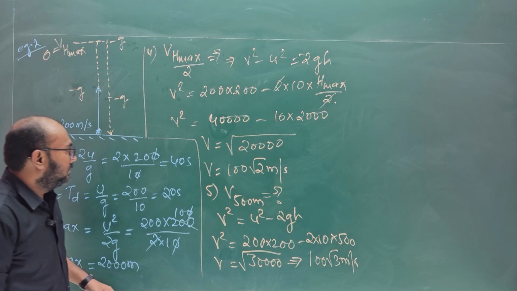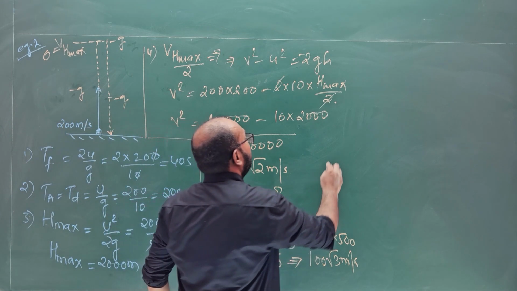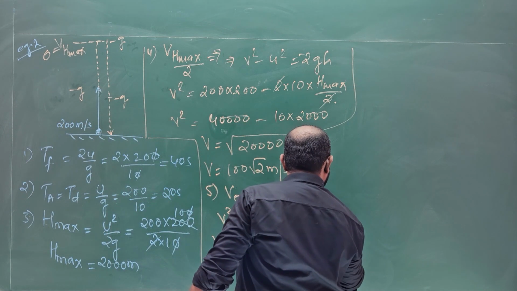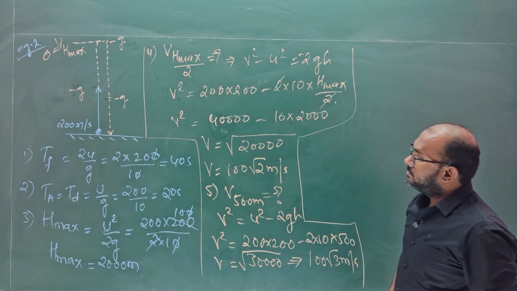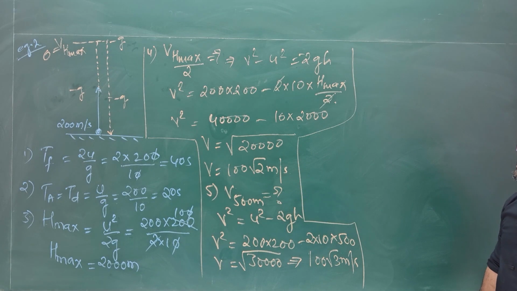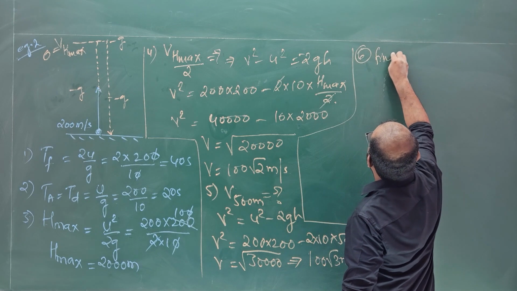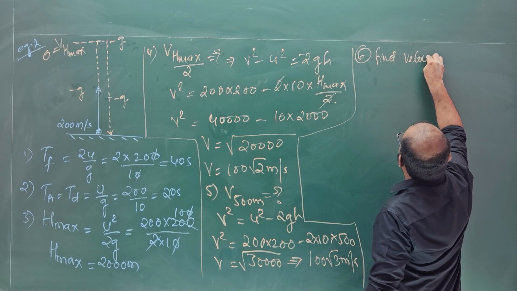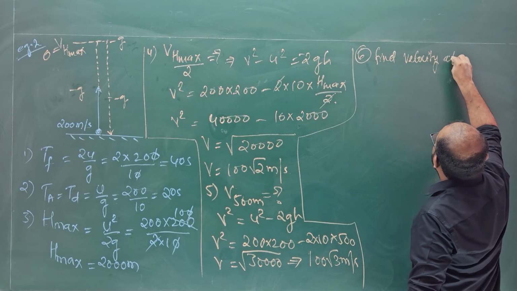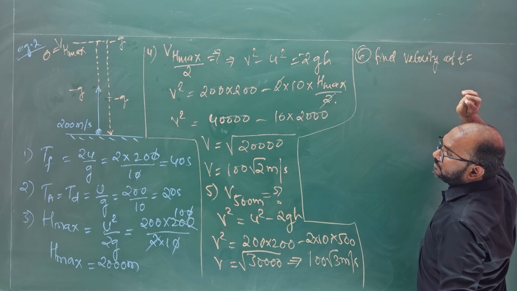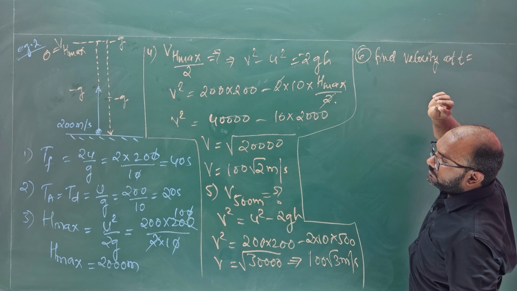Okay. Shall I increase the level then? Can we also calculate velocity at a particular time? Find velocity at t is equals to 10 seconds, where the total time is 20.